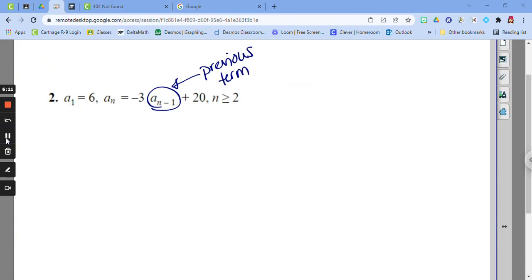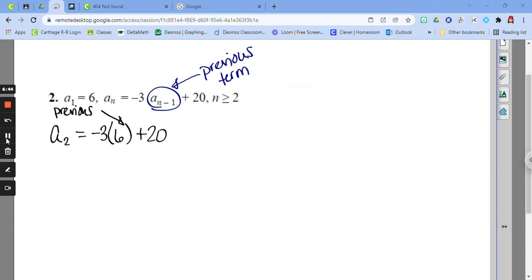Okay? So we have the first term. I want the second term. So that means I'm going to do negative 3 times the previous term, so times 6, plus 20.